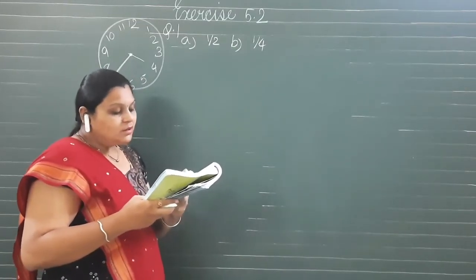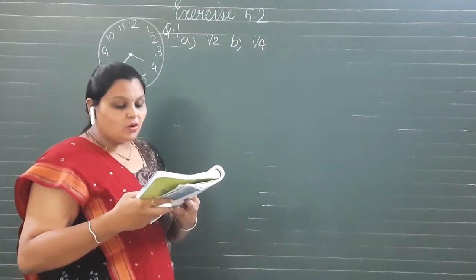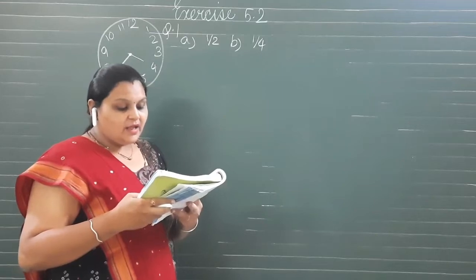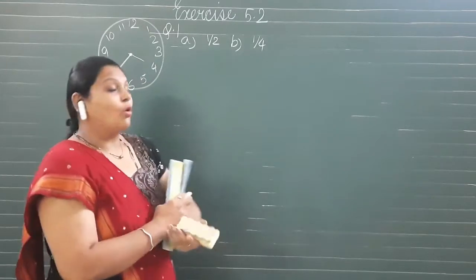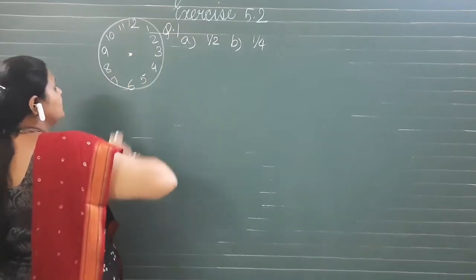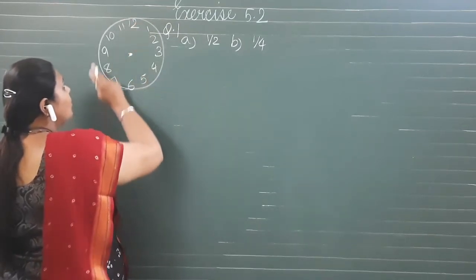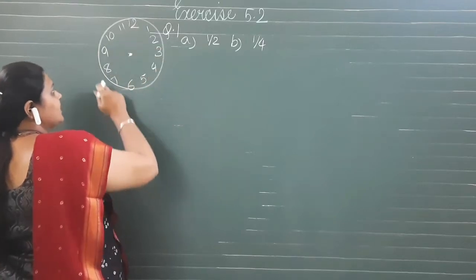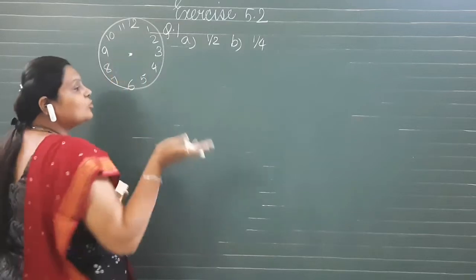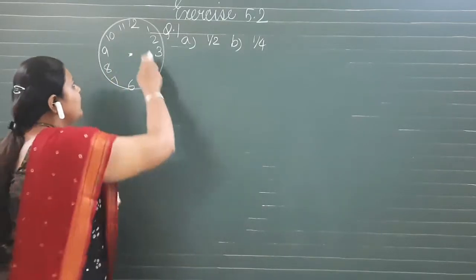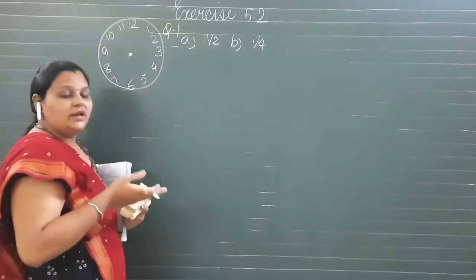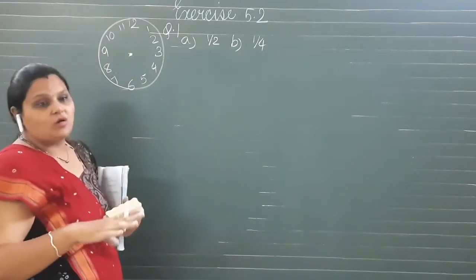Question number 2. Where will the hand of the clock stop if it starts at 12 and makes half revolution clockwise? Now very first, what is clockwise? Clock turns from 12 to 1, 2, 3, 4, 5, 6 and so on. So it is called clockwise. When it goes reverse, means 12, 11, 10, 9, 8 and so on, it is known as anti-clockwise.